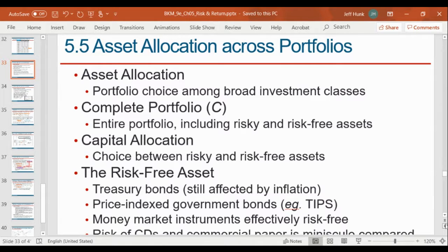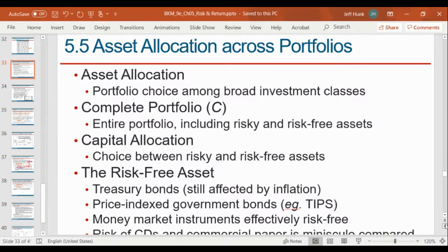So we always talk about a well-diversified portfolio, right? Usually, a well-diversified portfolio generally refers to a stock portfolio.